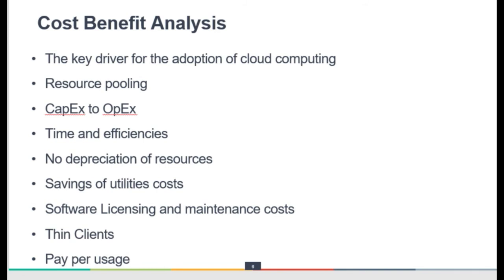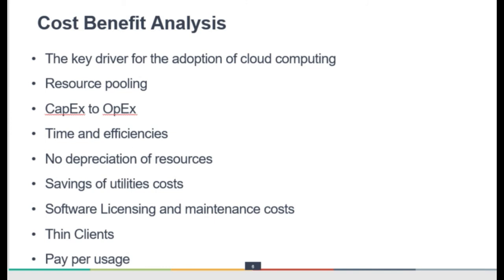Cost benefit analysis is the key driver for the adoption of cloud computing, because this is an operational model, and whatever we use, we just pay. We do not need the total cost of ownership like we have in the capex model in traditional infrastructure. Resource pooling is the characteristic that makes the cloud environment a much more economical option.